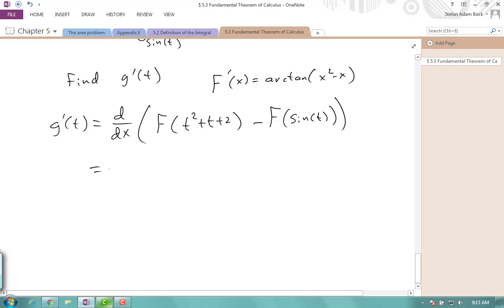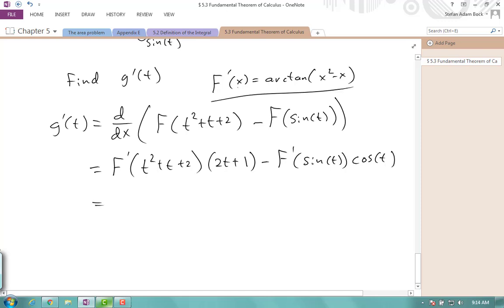And when I apply the derivative, I'll have big F prime of t squared plus t plus 2 times the derivative 2t plus 1, minus big F prime of sine of t times cosine of t from chain rule.